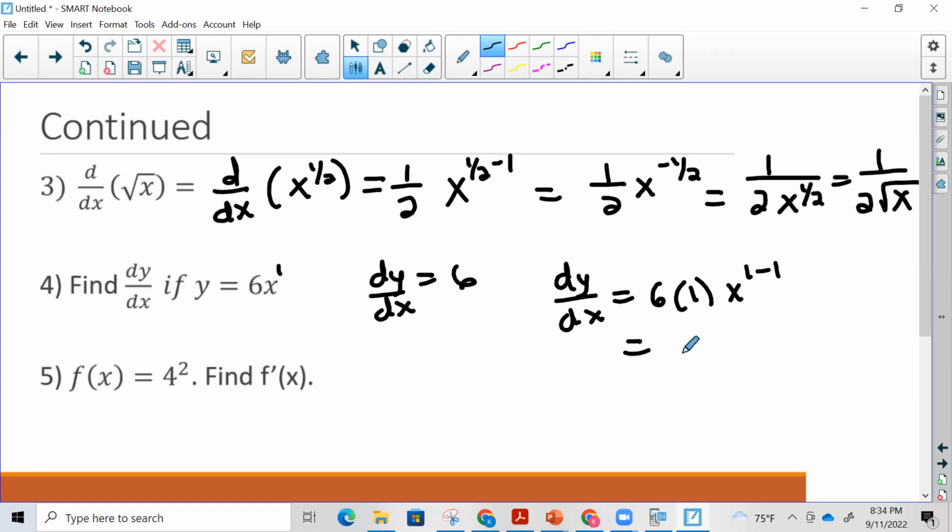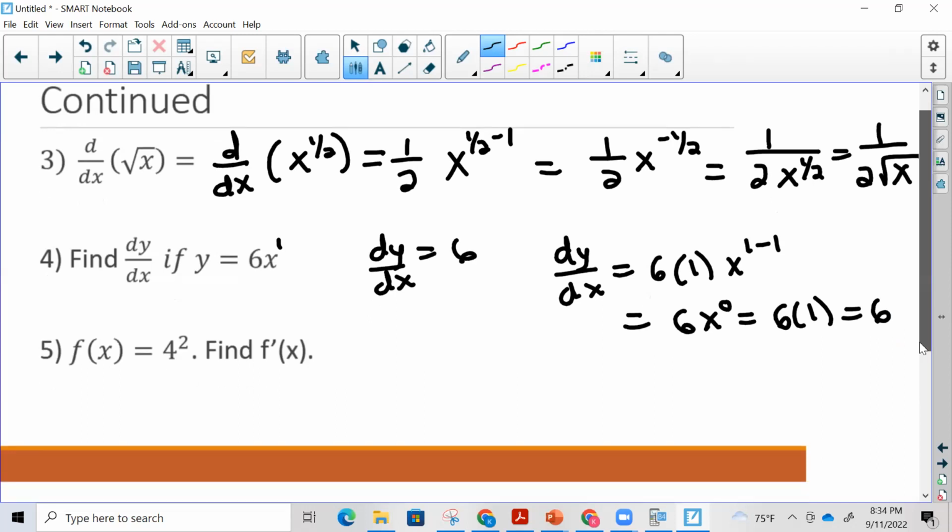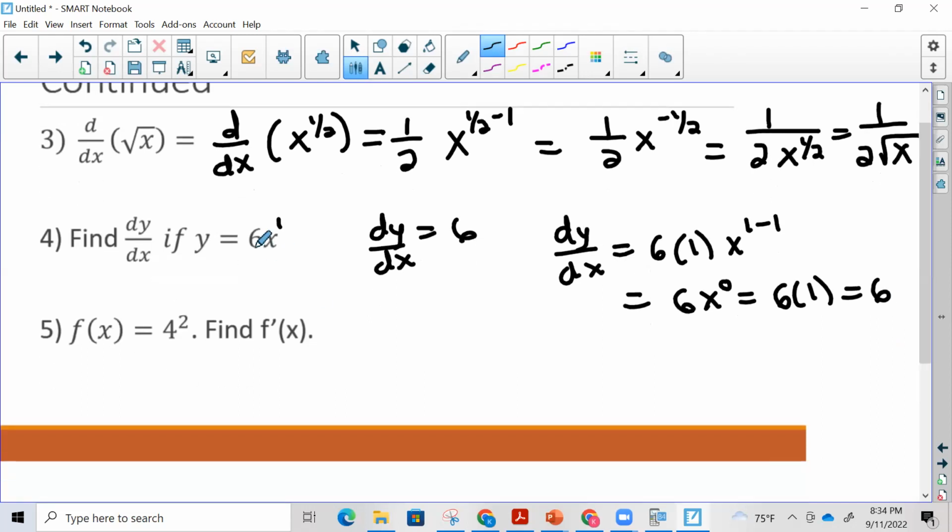So this gives me 6x to the 0. And remember, anything to the 0 power is 1. So 6 times 1 is 6. Most students get good at just knowing that if it's a coefficient times the variable x to the first power, it just becomes that coefficient.